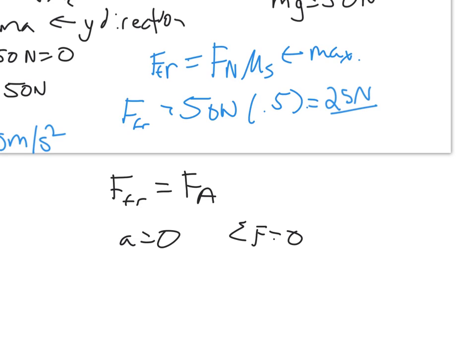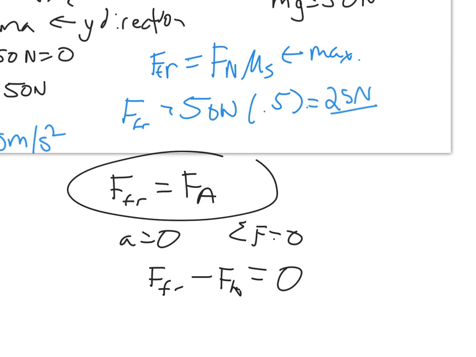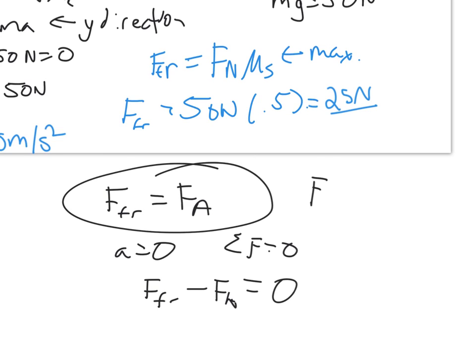In order for that to happen, my force of friction minus my applied force, that 20 newtons, has to be 0, which means those two numbers have to equal each other. So my force of friction is going to equal my applied force, which is 20 newtons.